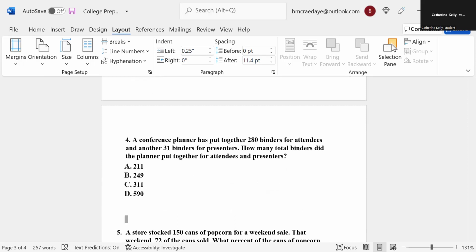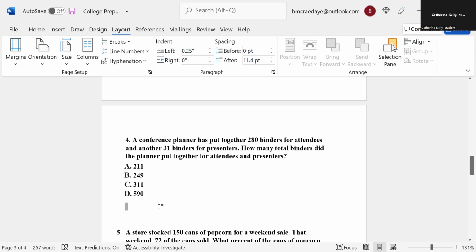How many total binders did the planner put together for the attendees and the presenters? All together is 311, isn't it? So what did you do? I added it: 280 plus 31.